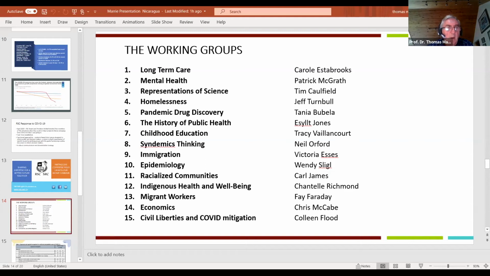The first one that we wanted to look at was long-term care. And in Canada, the COVID-19 pandemic has exposed many weaknesses in our society, but one of the most important weaknesses exposed is how we treat and how we look after elderly people in our community in Canada.